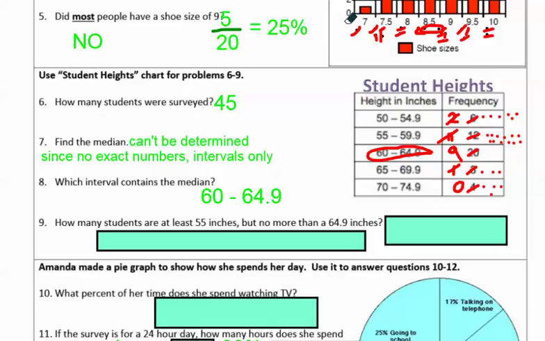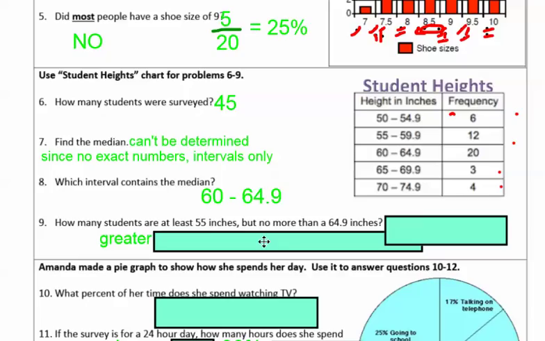All right, next up. They ask, how many students are at least 55 inches, but no more than 64.9 inches? At least 55 means they are 55 or more. So here.